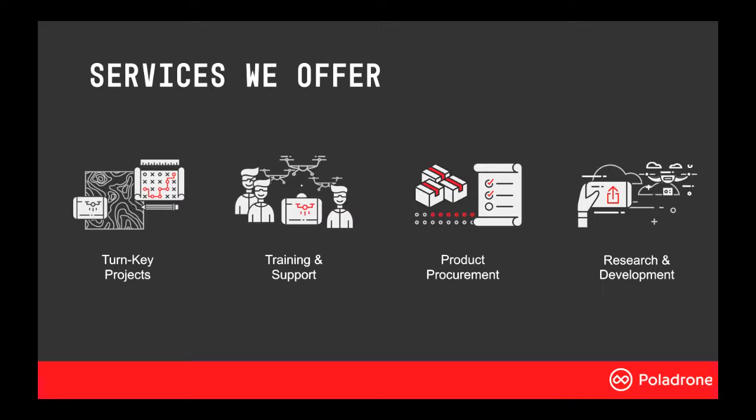We will help you come up with proposals, with all the costs included. Then we'll plan everything for you. We provide the drones, the pilot, and the processing and analysis output for you. So this is an A to Z solution. This is what we call turnkey projects.